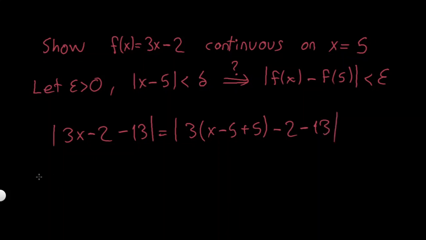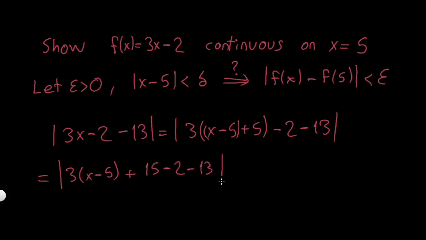And now I will take this part, x minus 5, separately. So it will be 3 times (x minus 5) plus 3 times 5, which is 15, minus 2 minus 13.